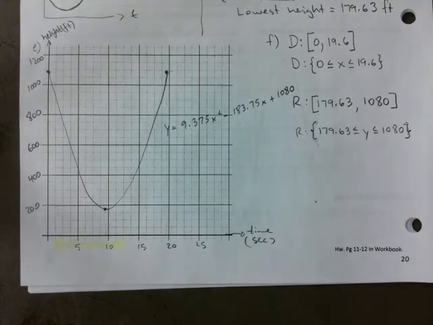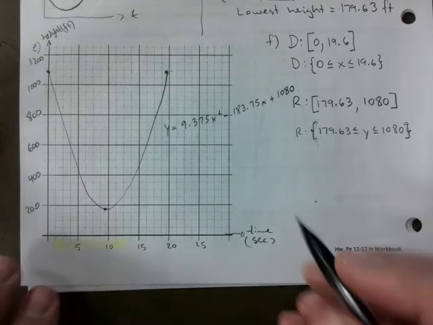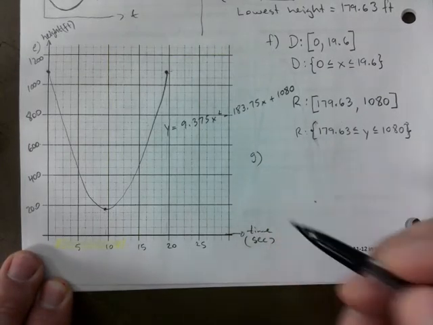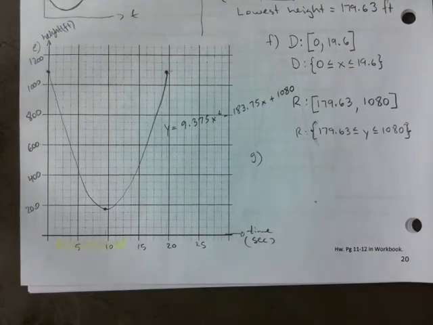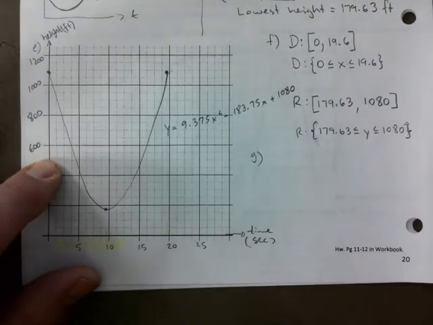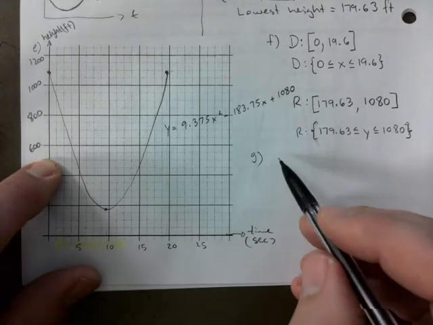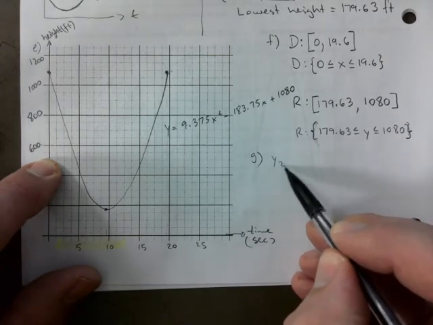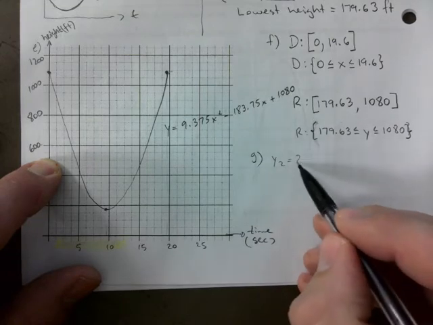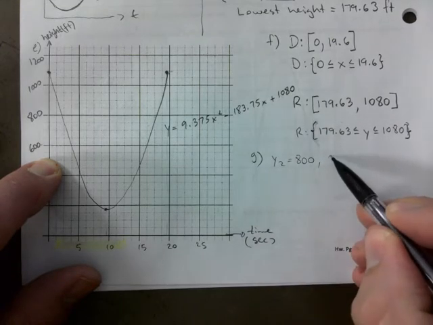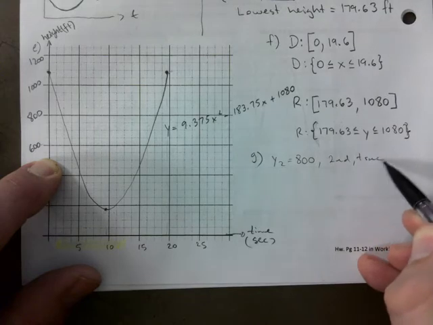Okay. And G, last but not least, how long was the plane at or above 800 feet? And this is where you need to think, okay? I'm going to make y2 equal to that height that I'm interested in, and I'm going to go second, trace 5.